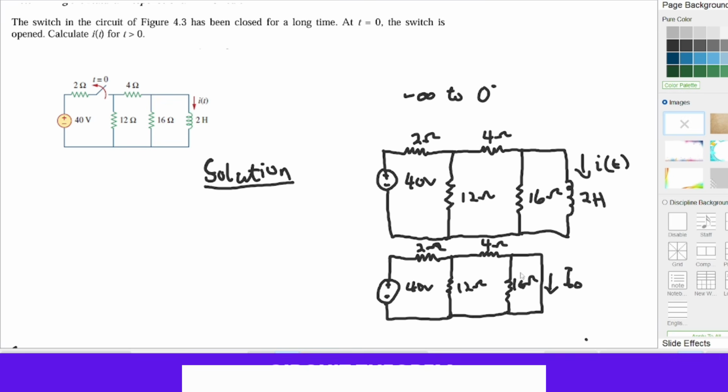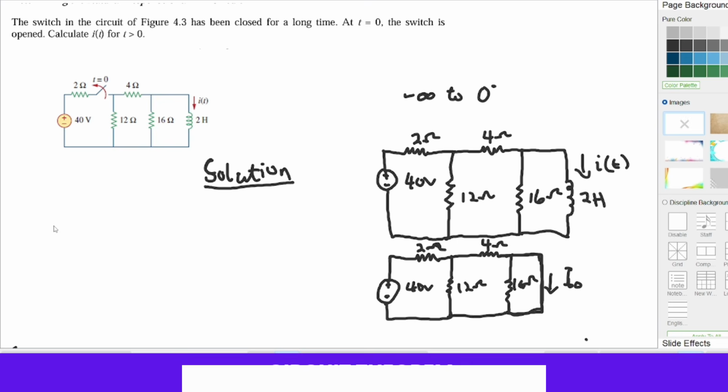Okay, so whenever you have a short circuit and the current is flowing through the branch, it finds the easiest path. So at this branch, we have a resistive component there. Hence, immediately the current reaches this junction, it goes straight to the easiest path, that is the short circuit branch. Hence, there's no current flowing through the 16 ohm resistor.